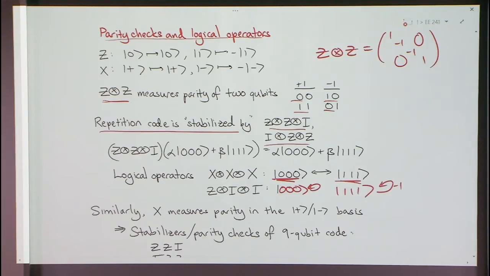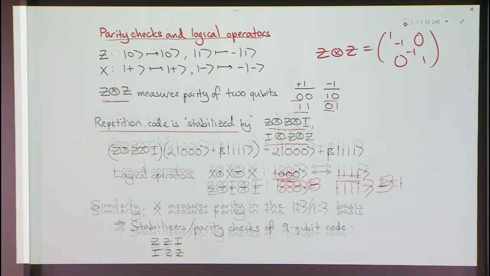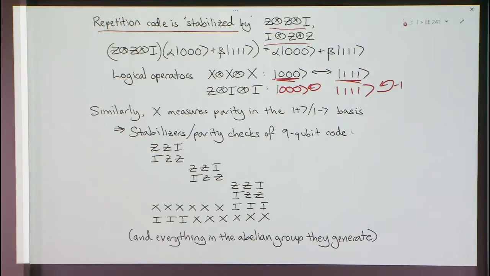That'll put a minus 1 phase on the encoded 1. So this is a way of thinking of the repetition code in terms of parity checks or stabilizers.